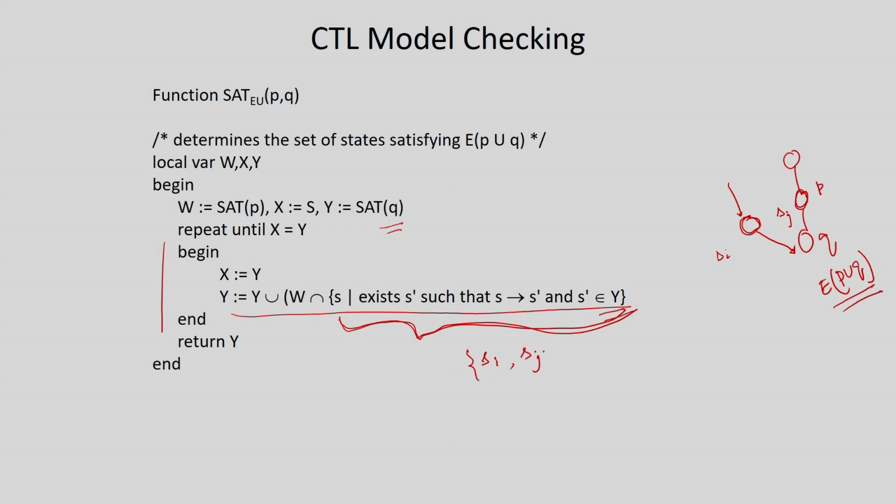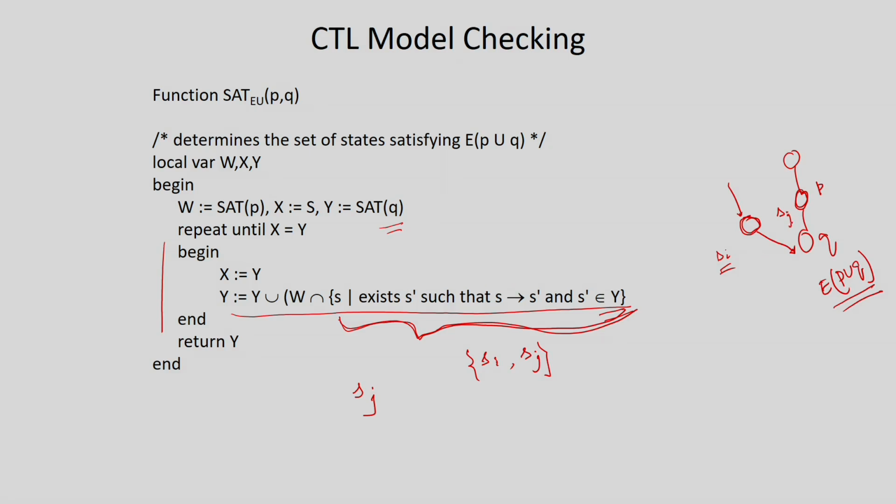Now, this subset will be intersected with W. When I intersect with W, Si will not be present, because here P is not true, but Sj will be present. So, after intersecting, we get Sj. Sj will be appended to Y, because it is Y union something.